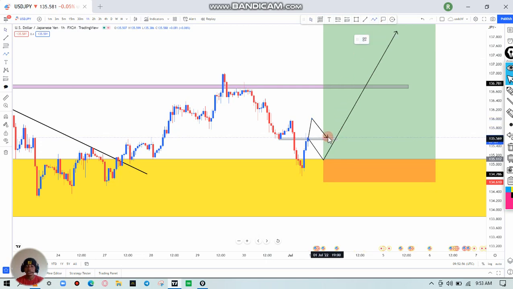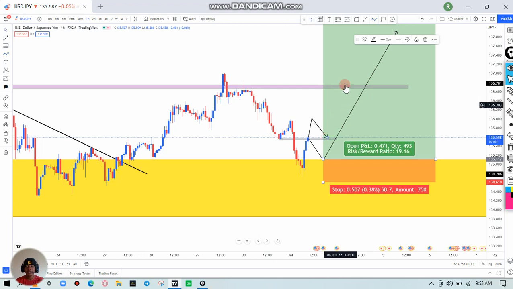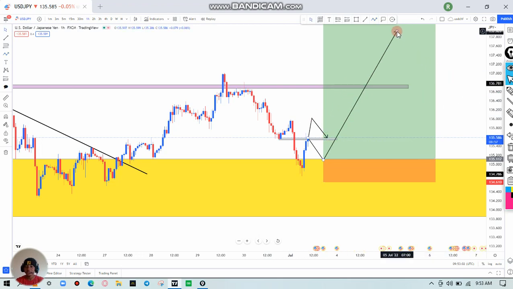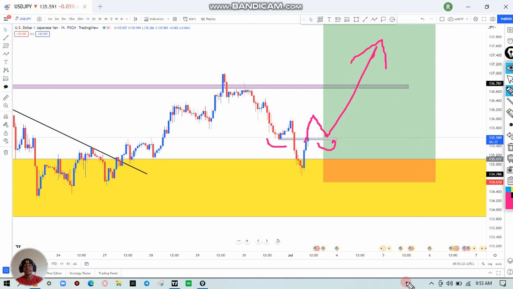Let me just take out these drawings. So number one, if price comes down over here, it gives us a double confirmation, we enter. Number two, if price breaks to the upside, we wait for exhaustion, it also gives us a head and shoulder pattern, and then we also enter to the upside.